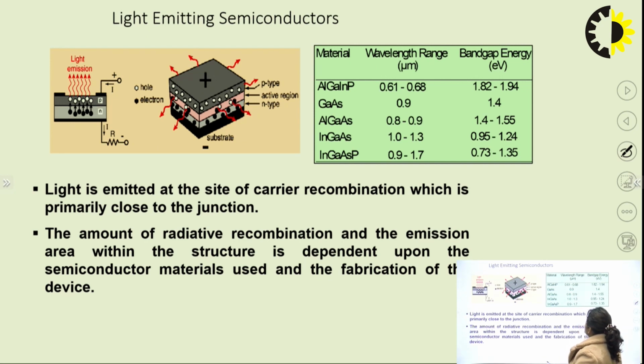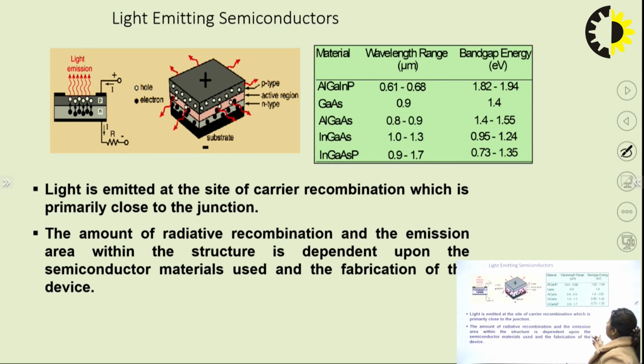So here we have a table showing the materials with which we can form our LED, that is aluminum gallium arsenide, aluminum gallium indium phosphide, gallium arsenide, indium gallium arsenide, and indium gallium arsenide phosphide.